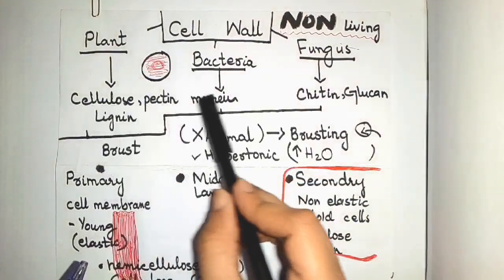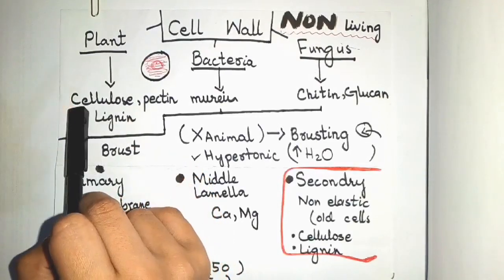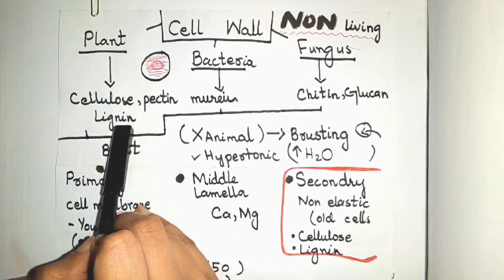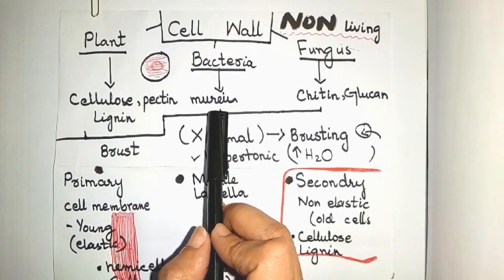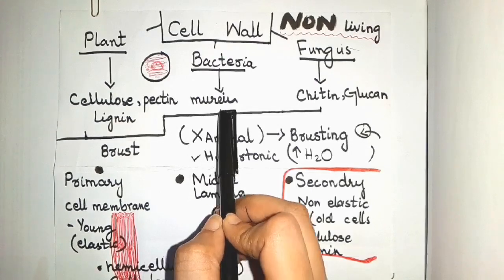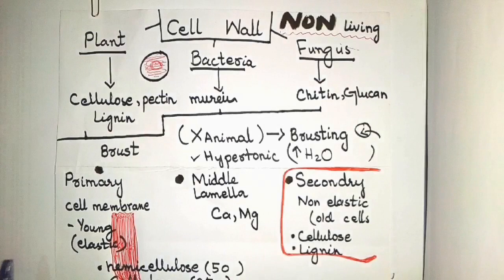Coming to the composition, the plant cell wall is composed of cellulose, pectin, and lignin. The bacterial cell wall is composed of a special component, murein. The fungal cell wall is made up of chitin and glucans.